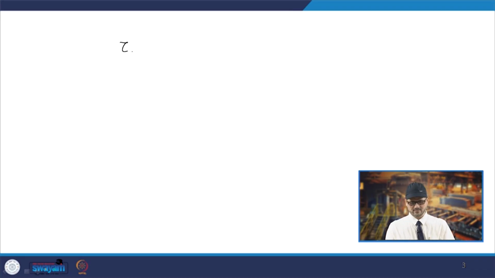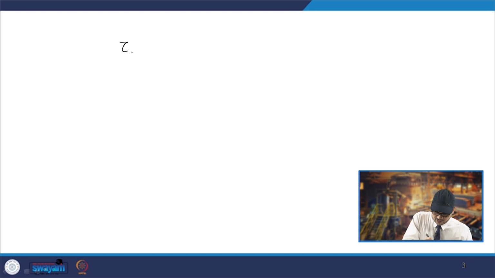Altogether you have the 9 viscous stress components which are encountered in the momentum as well as the energy equations. Now, these components of the viscous stresses are expressed in terms of lambda and mu, and also the deformation components.